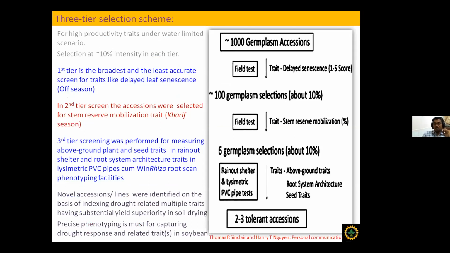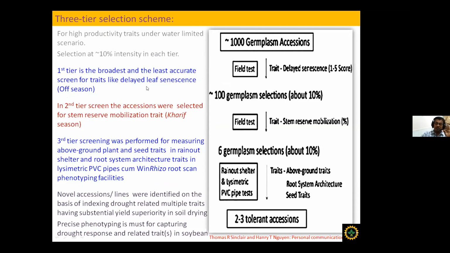And on similar lines for high productivity traits under a water-limited scenario, with selection at 10% intensity in each tier, as you can see here, by taking around 1,000 germplasm accessions. The first tier is again the broadest, the least accurate scheme for the trait.